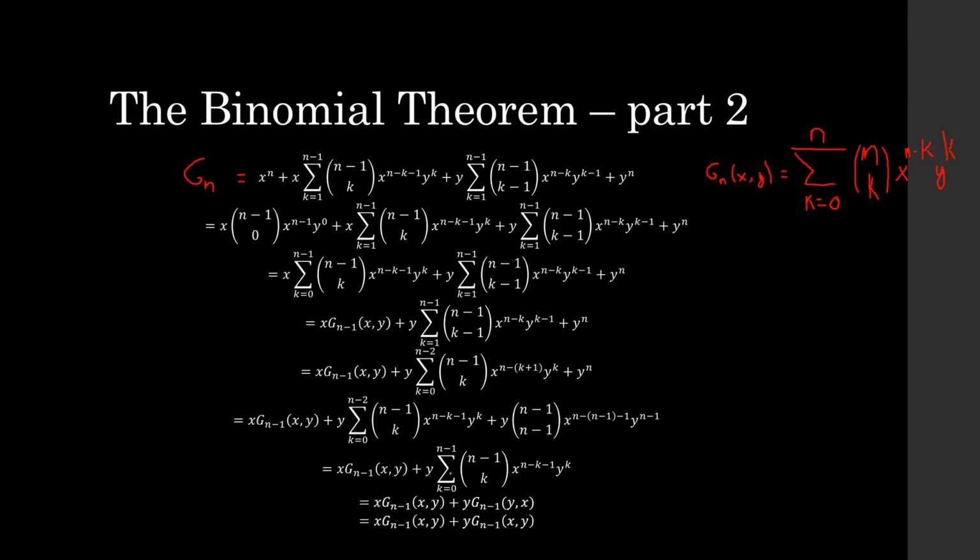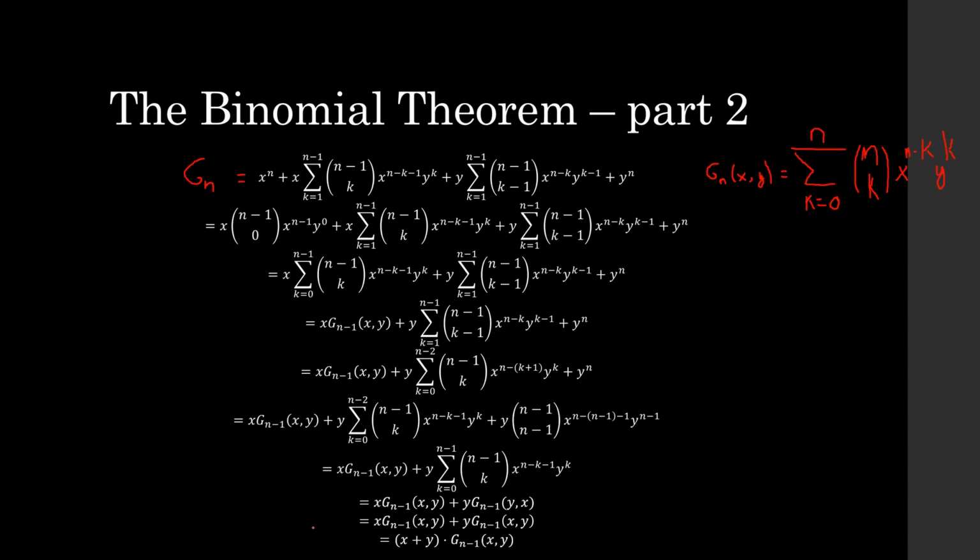In the end, this is still the same. So anyways, we've got x times the generating function at n minus 1 of xy, and then y times the generating function at n minus 1 of xy. So I can factor this generating function at n minus 1 of xy to get x plus y times the generating function at n minus 1 of xy.